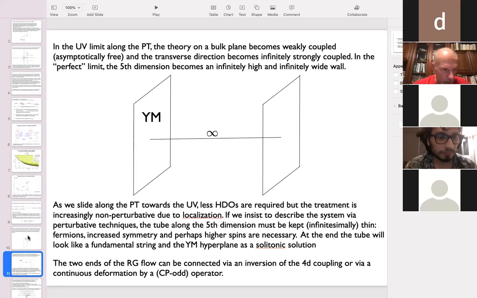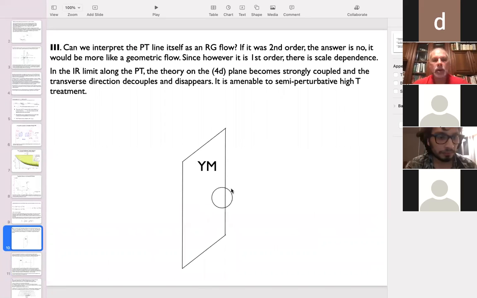No, sorry, here I said it upside down. The circle shrinks to 0, and the coupling along the brane becomes strong, becomes infinite. So you have a strongly coupled Yang-Mills on the brane.